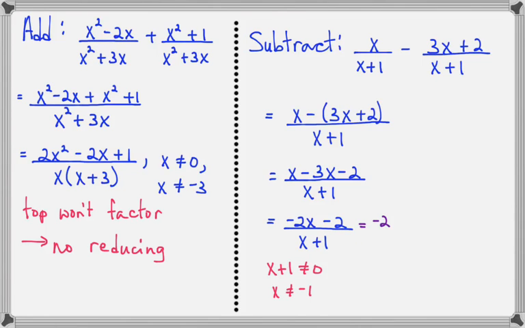So if I factor out the negative 2, then negative 2 times x makes negative 2x, and negative 2 times positive 1 makes minus 2. And let's go ahead and cross out the x plus 1's. And so this whole expression simplifies down to simply negative 2, but we cannot allow x to equal negative 1. And that's it for that one.